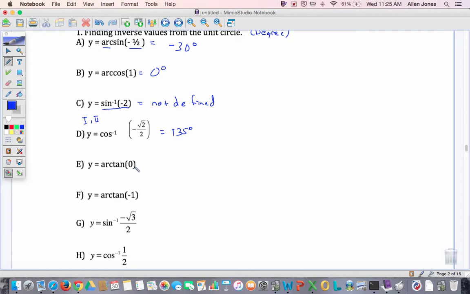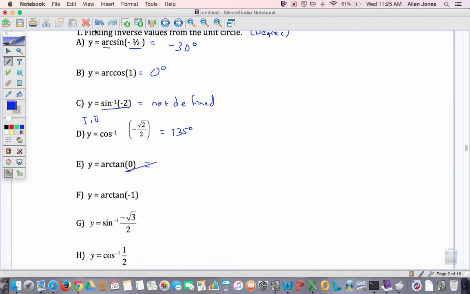Tangent, arc tangent is the same as inverse tangent, looking between negative pi over 2 and pi over 2. That would happen at negative 45 degrees, or in the fourth quadrant. Arc tangent of negative 1, oops, I jumped the gun here, I got ahead of myself. I was looking down at the previous problem, so let's get rid of that negative 45.